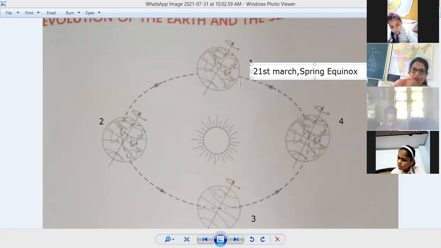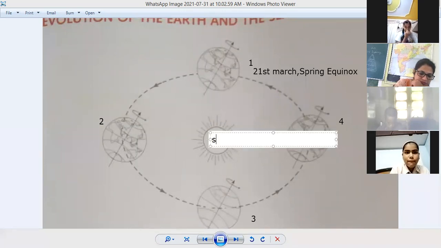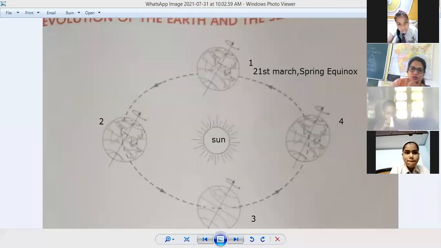And at this position, the part of the earth facing the sun, look at here, sun. This is the part of the earth facing the sun. Now come to the next position.